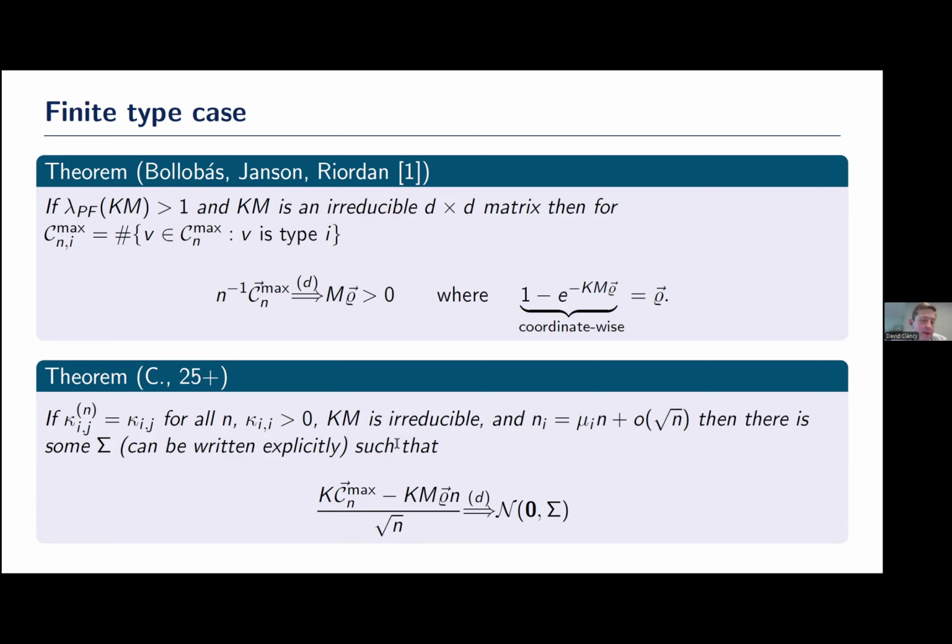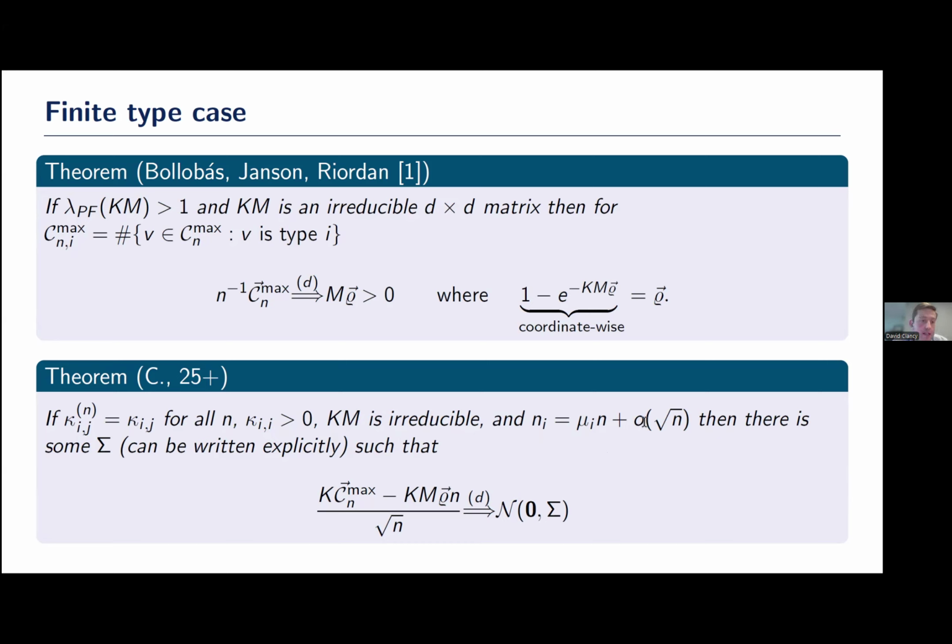We need kappa to be irreducible, and I need some better control over the fluctuations of the number of vertices of each type, or I guess the proportion of vertices of each type with respect to mu. So I need N_i to be equal to the limiting proportion times n plus something of order little o of square root of n.